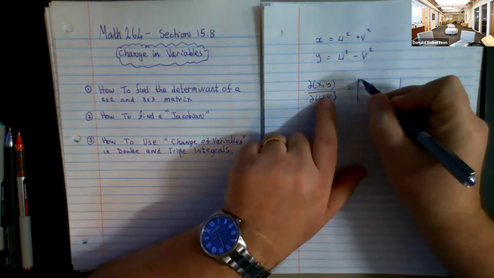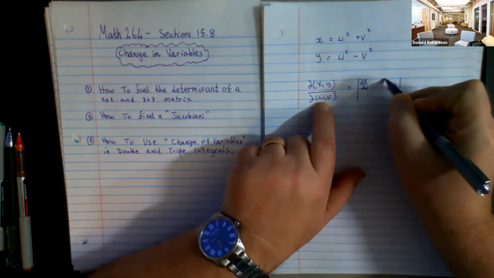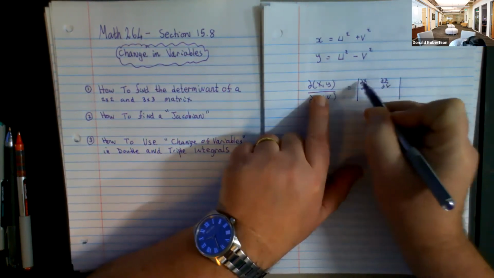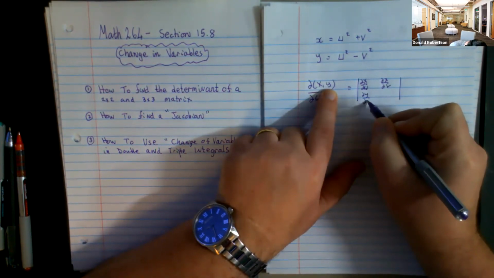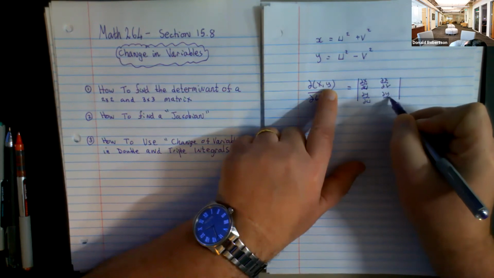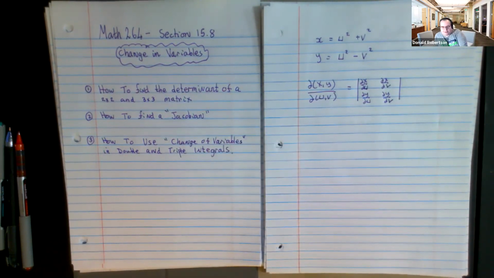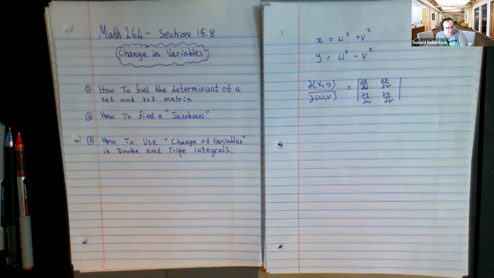It's the partial derivative of x with respect to u, partial derivative of x with respect to v. So the top row has x's in it. The next row has y's with respect to du, dv. So a Jacobian is made up of the determinant of a 2 by 2 matrix.